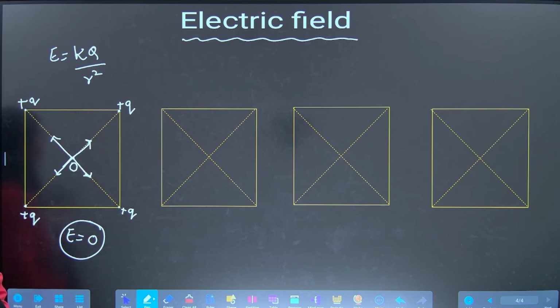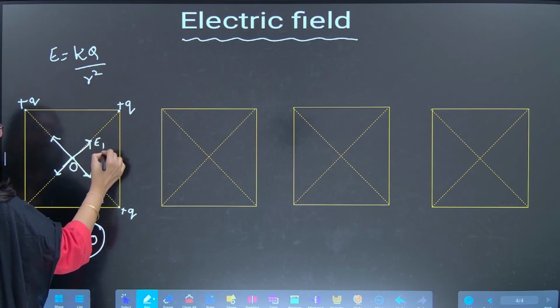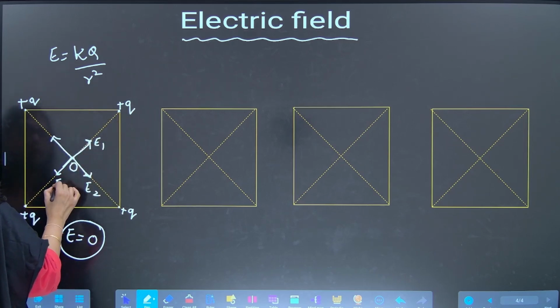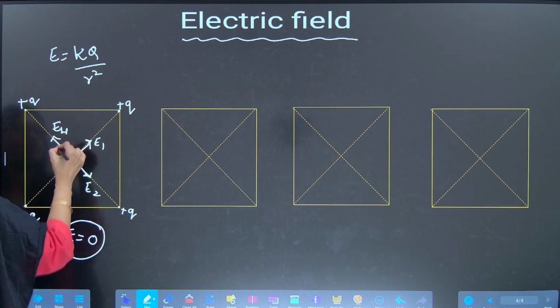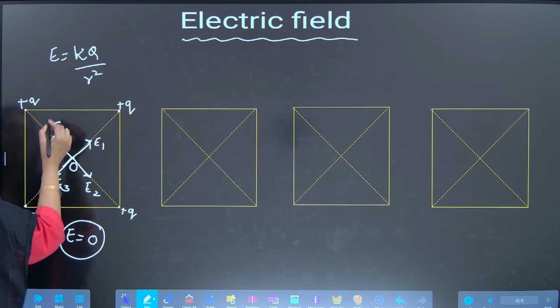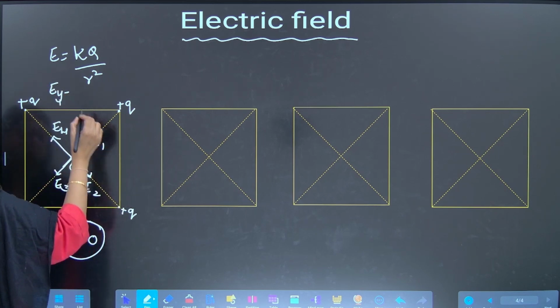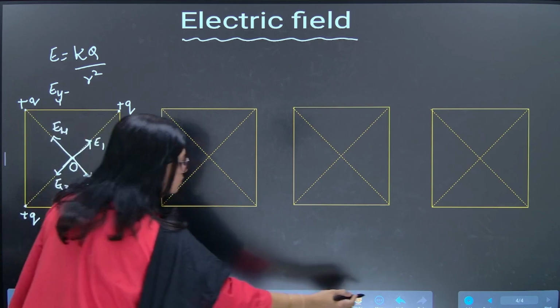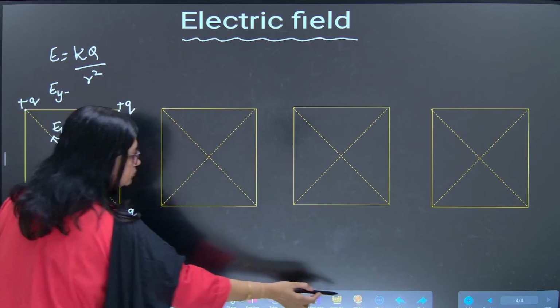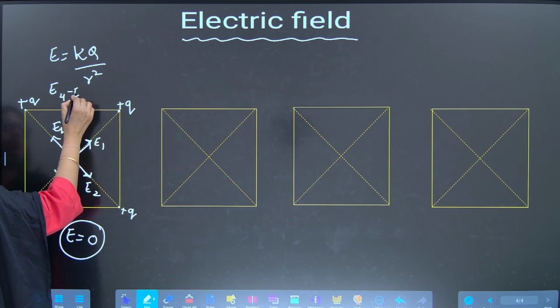If the magnitudes are not same, then you have to do the individual E1, E2, E3, E4 calculations. Because they are opposite, you find out E4 minus E2.